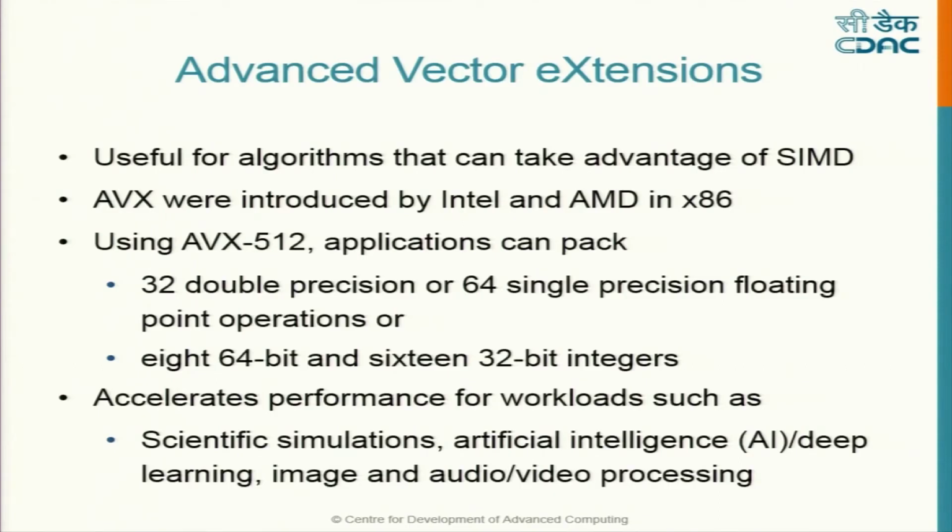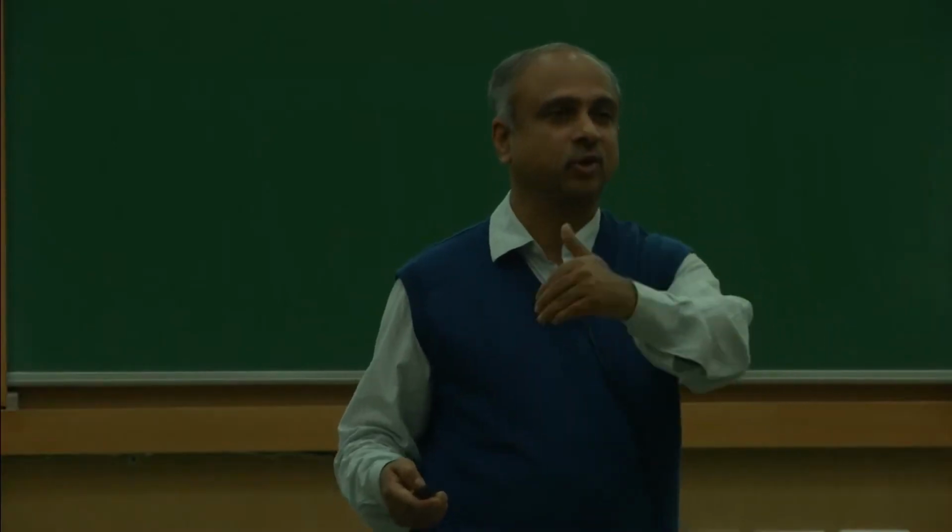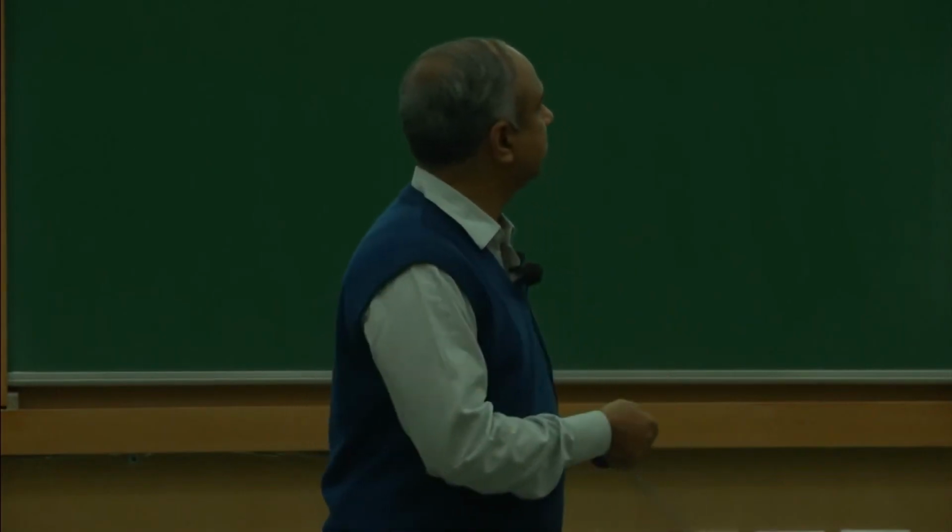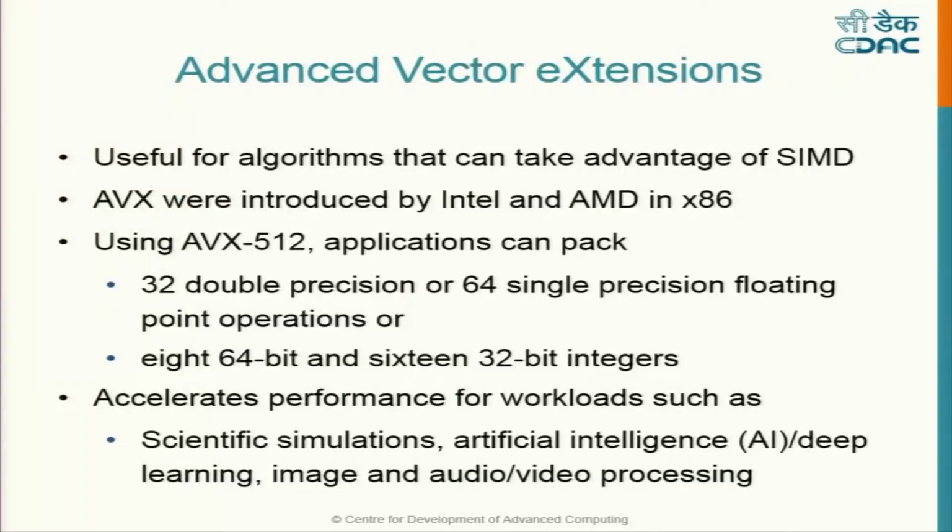Their latest processors have this; I cannot remember which processor onwards. It is called AVX512. Normally one instruction operates on one data, but here the instruction can take 512 bits at a time and operate, let's say, XORing two numbers or any operation that you can think of.